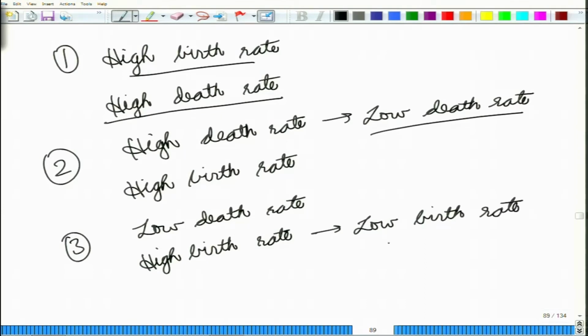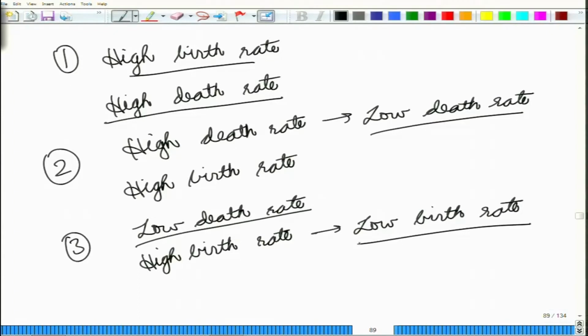Now, how can you have a low birth rate? By, say, having more access to contraception, or by having an increased age at which people want to have offspring, or maybe in this society people just do not want to have any offspring, or they want to have only one offspring. So, in place of a norm of say 6 or 7 babies, now the norm has shifted to just one baby.